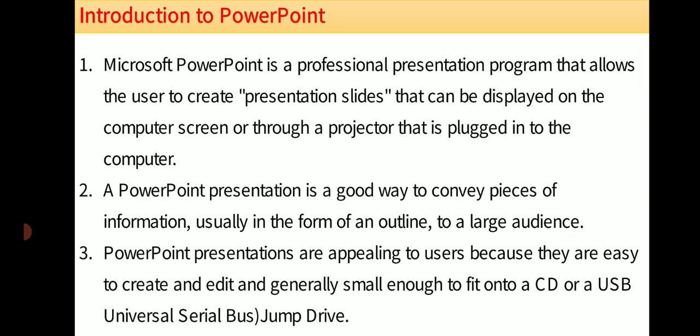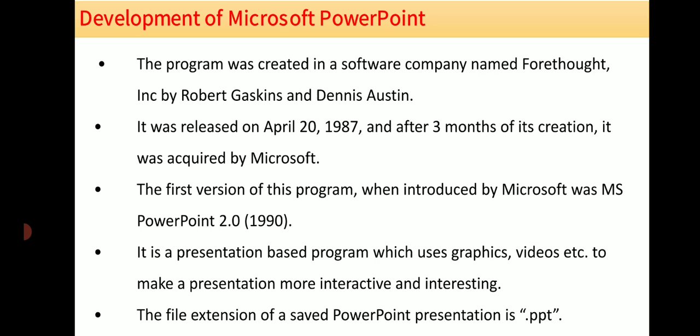So this is the introduction to PowerPoint, and now, how did the development of Microsoft PowerPoint come about? This program was created by a software company named Forethought, by Robert Gaskins and Dennis Austin.